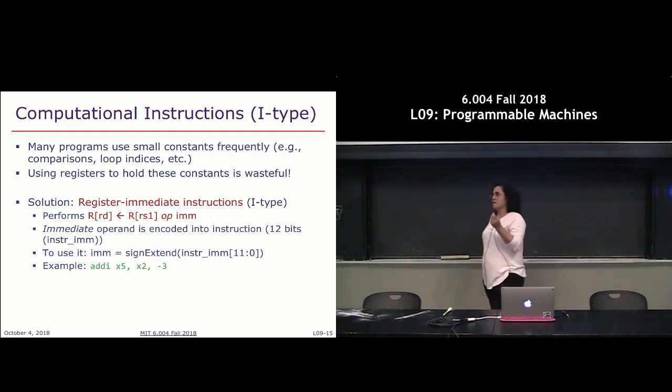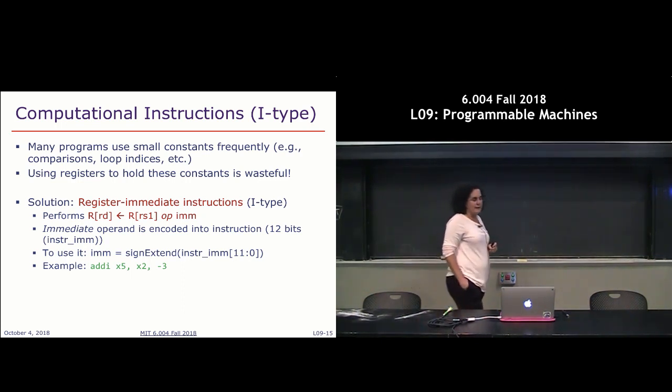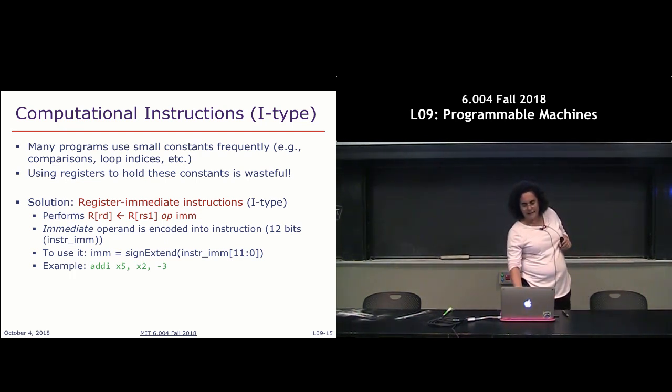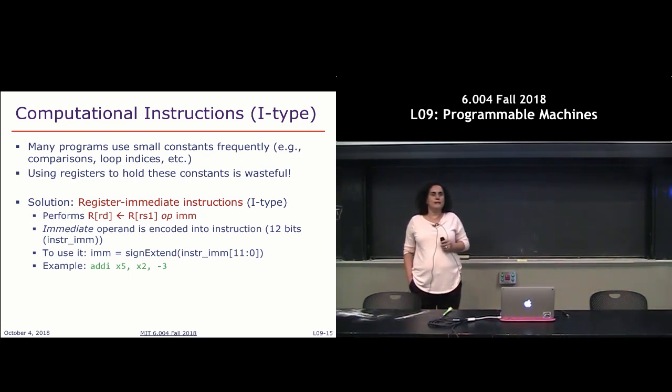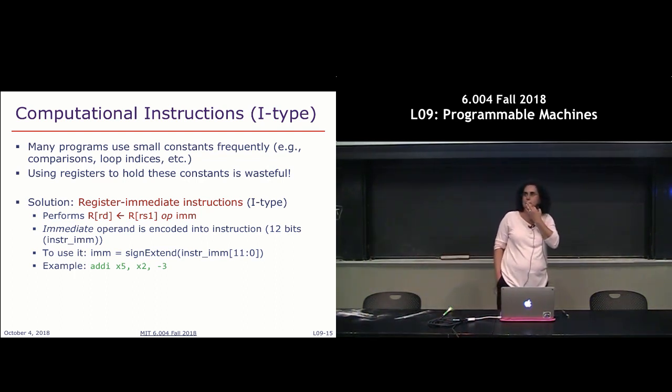And just like in the register-to-register case, we have a whole bunch of different types of immediate instructions. You notice that they now have the letter I to indicate immediate. So this is add immediate, set less than immediate, and so on. Does anybody notice that there's an instruction missing here from the two-register case? Subtract. Why is subtract missing? Yep. You can just store immediate as a negative value?